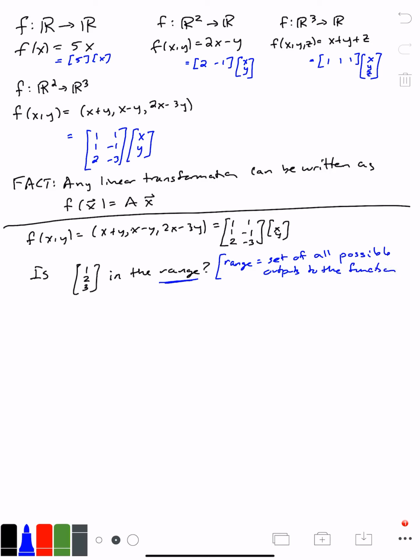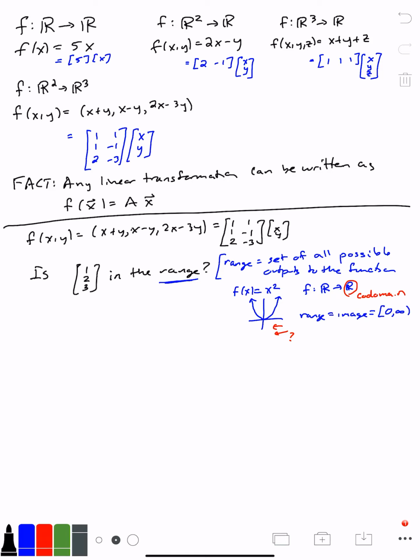And to really hit this hard and understand what we're talking about here, if your function is x squared, and by the way, x squared is definitely not a linear function, but if you look at the outputs, even though the function goes from R to R, and this is the codomain, the image, or the range, which are the same thing, that's only the numbers that are 0 and bigger, because there are no points with negative y value.